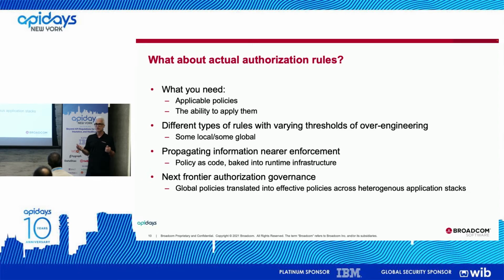That, to me, if we can get to that point, that would be amazing. Right now we're starting to see solutions where policies are distributed. There are governance solutions for that, but only for one type of solution. Think, for example, of OPA and Styra and those guys.